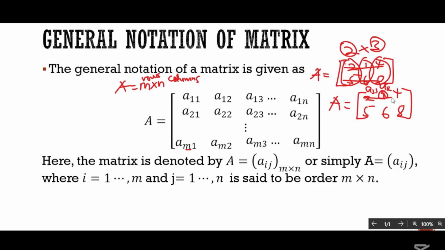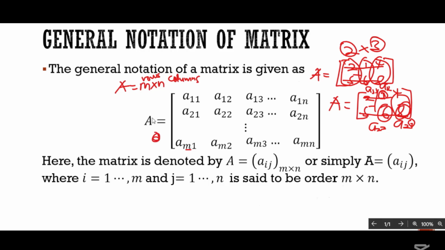Now let's take a different element like 6. 6 is in the second row and in the second column, so A22. Let's take 8. 8 is A23, that is in the second row and the third column. Great.